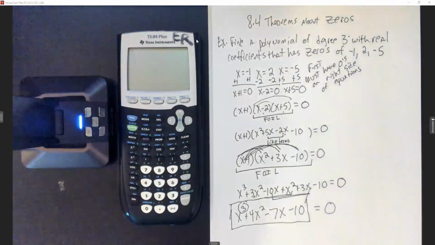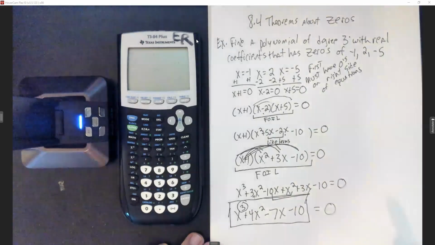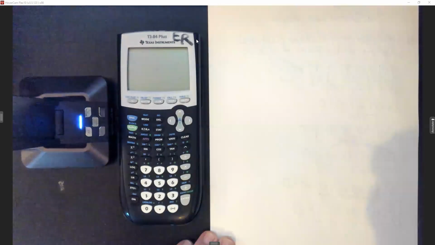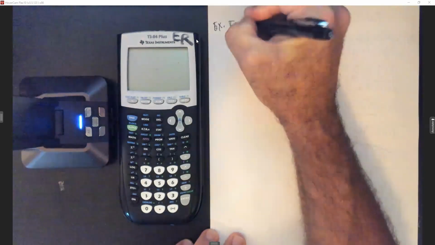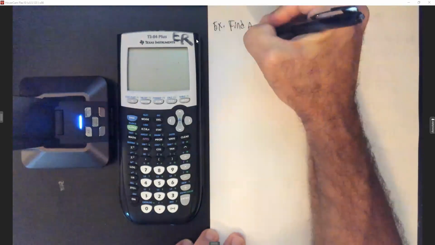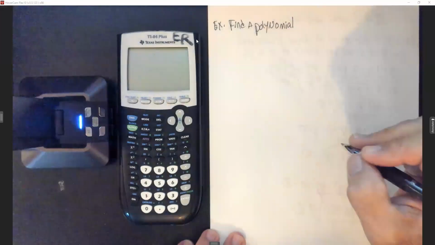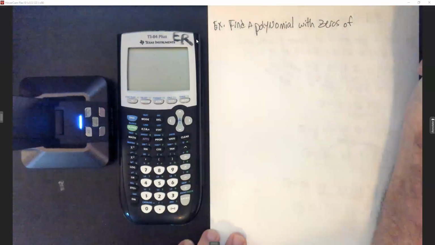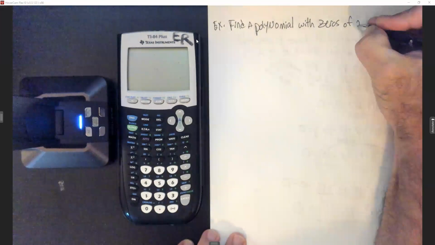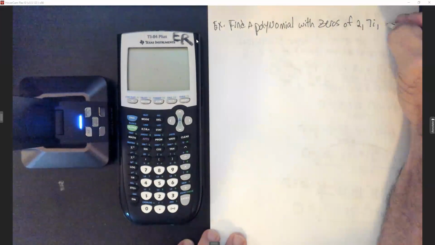All right, y'all, so next problem. So this one just says, find a polynomial with zeros of 2, 7i, and a negative 7i.